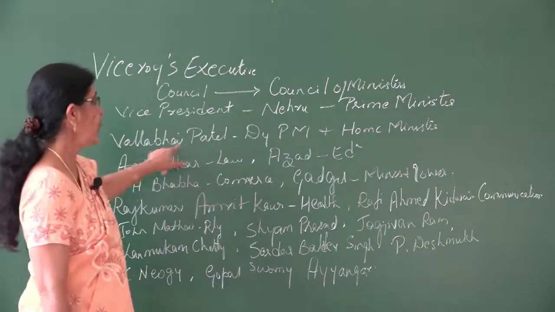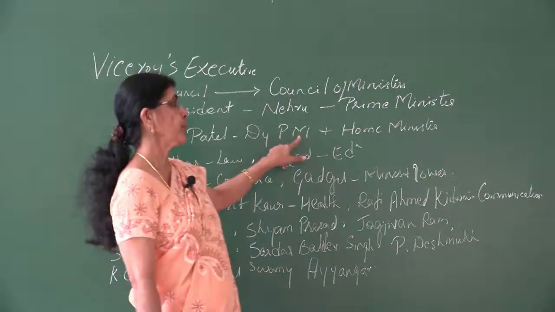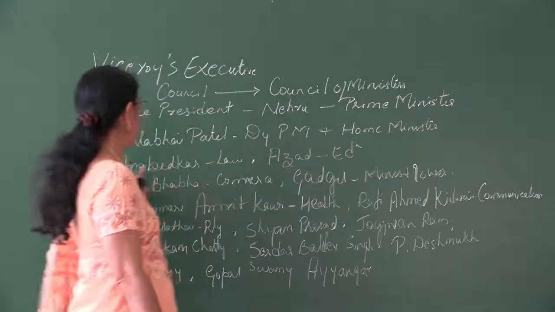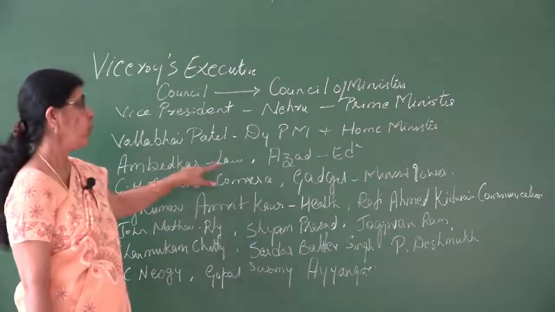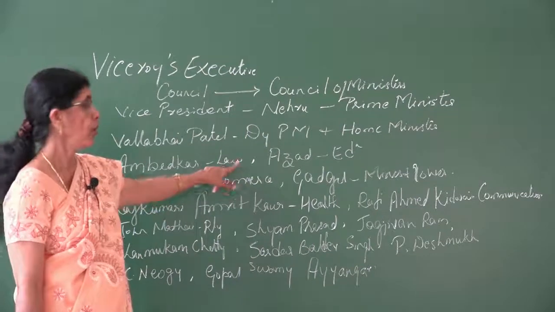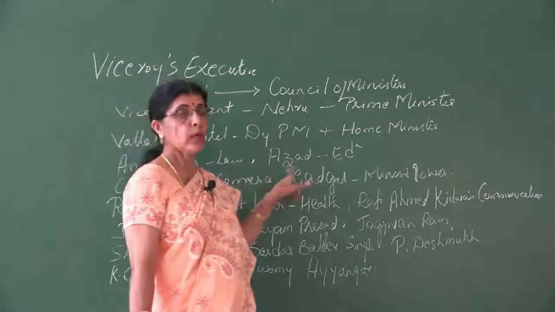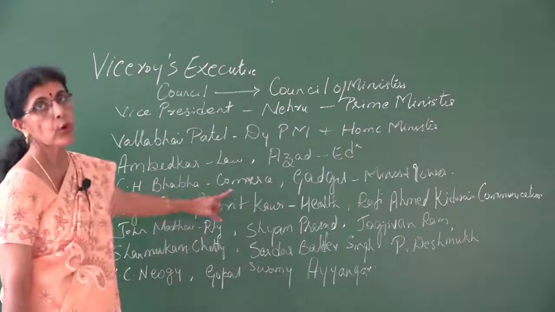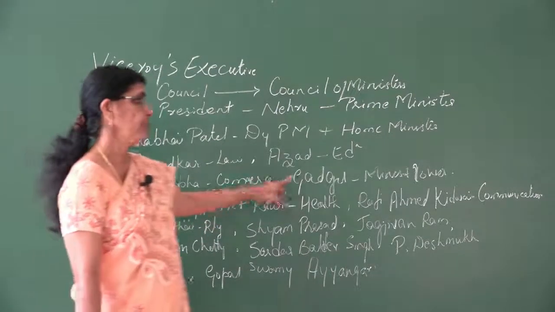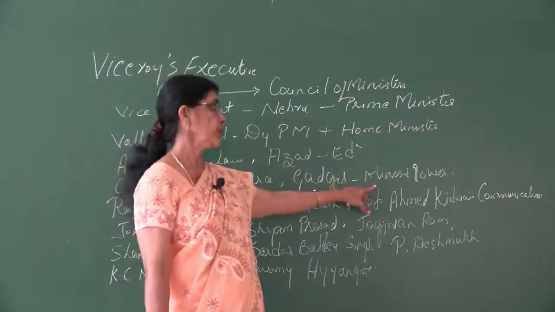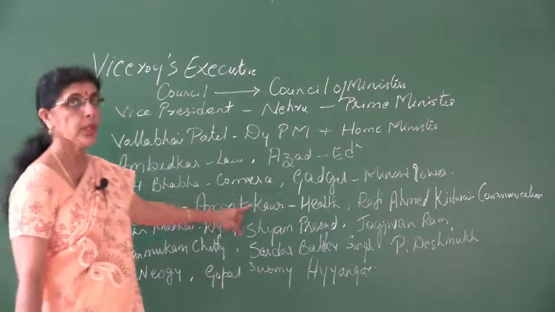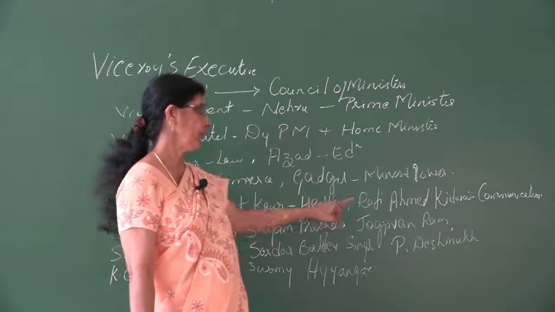They were Vallabhbhai Patel, who was the Deputy Prime Minister as well as the Home Minister. Then it was Dr. Ambedkar, who was the Law Minister. Maulana Abdul Kalam Azad became the Education Minister. Then you have C.H. Bhabha, who was in charge of Commerce. Gadgil was Minister for Mines and Power. Rajkumari Amrit Kaur took care of the Health Department.